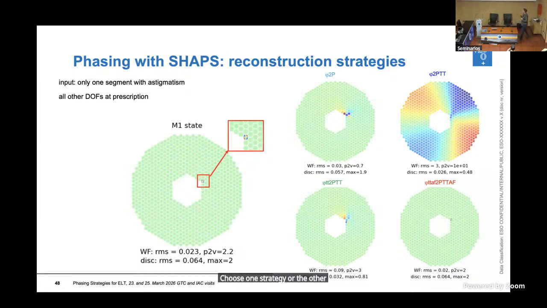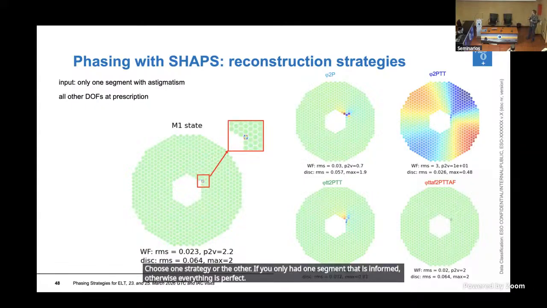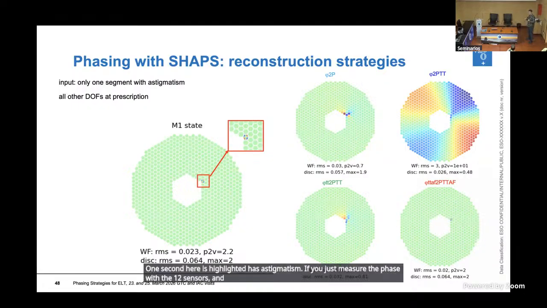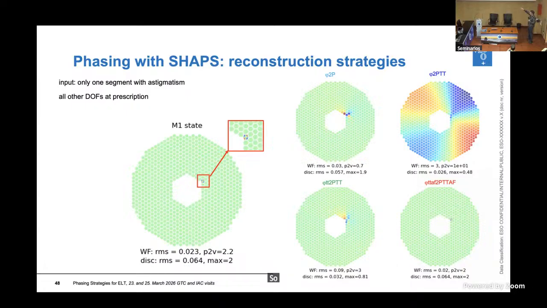Suppose only one segment is deformed, and otherwise everything's perfect. One segment here is highlighted and has astigmatism. If you just measure the phase with the 12 sensors and then try to reconstruct the piston, the tip, and the tilt, you end up with the upper right part. The perturbation propagates through the full mirror and excites low orders, of course.